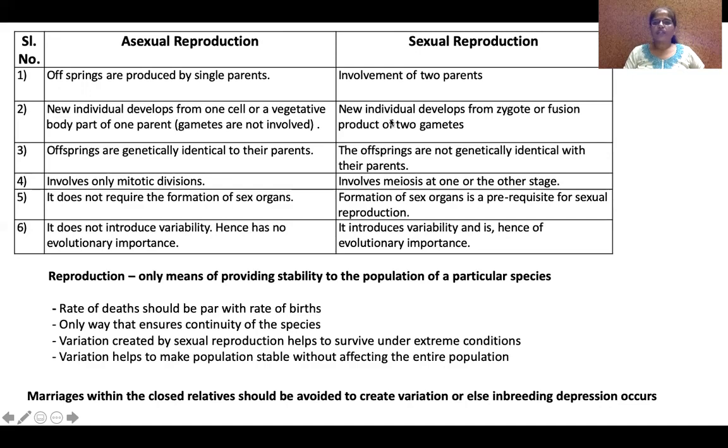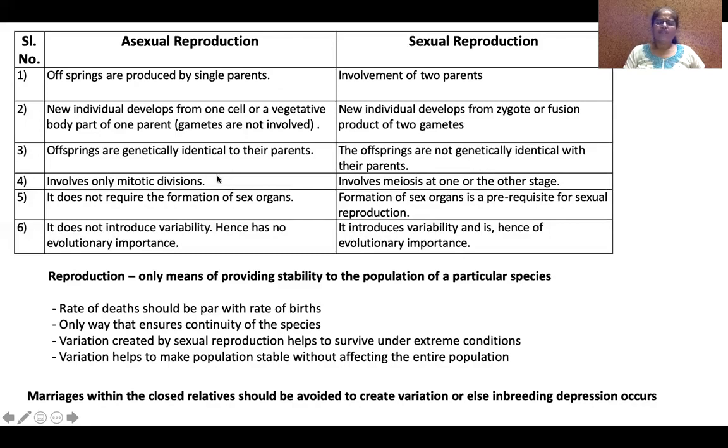Whereas in sexual, both male gamete and female gamete fusion results in the zygote formation and thus leads to the new individual. Here, offsprings typically look like their parents. They are genetically identical to their parents. Whereas here, offsprings look similar, but they are not genetically identical.